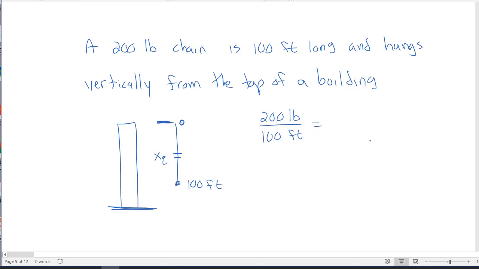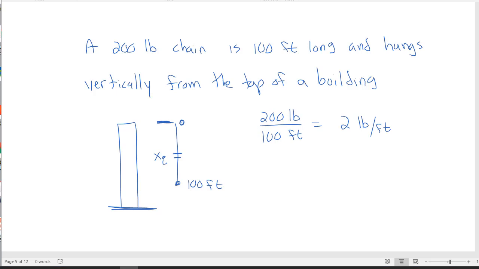So what that tells us in kind of a density manner is that we have 2 pounds per each foot of chain that we're dealing with here. So the whole chain being 200 pounds over 100 foot length, we have 2 pounds of weight per foot, assuming that this chain is equal density, the same type of material all the way through.